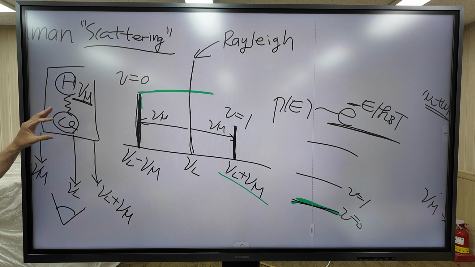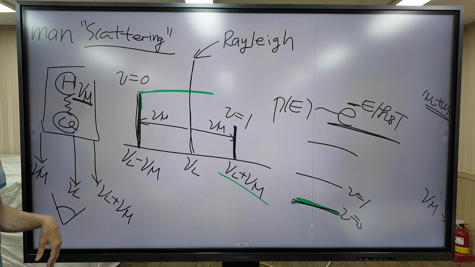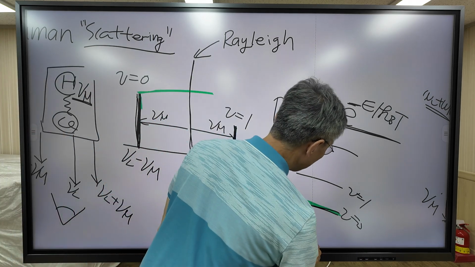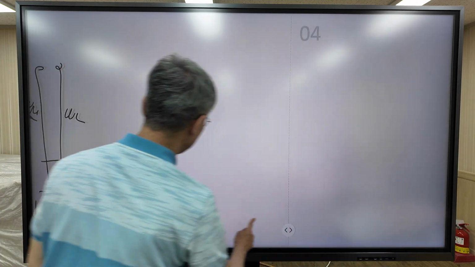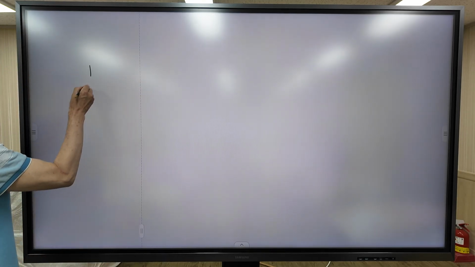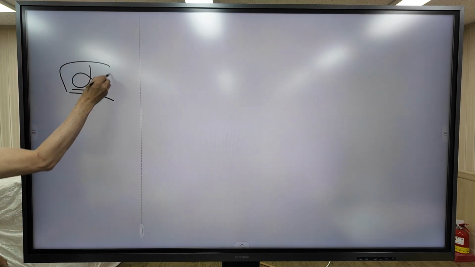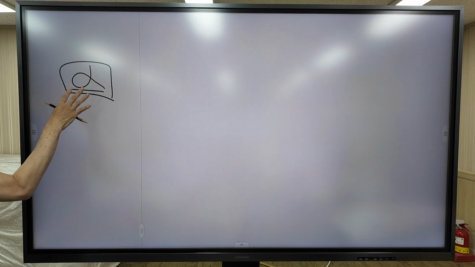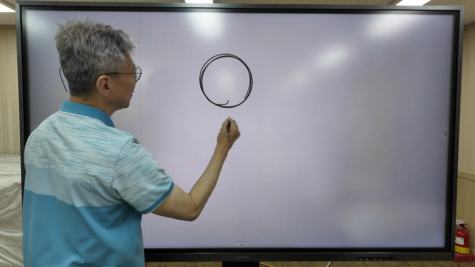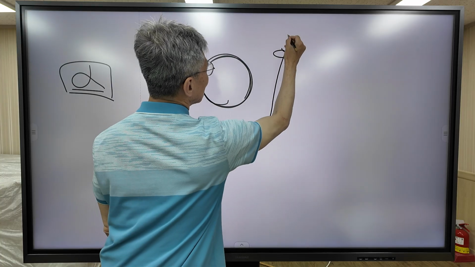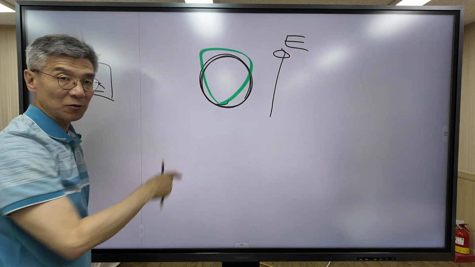Now I'm going to explain Raman scattering in terms of classical mechanics. In classical mechanics, polarizability is a very important quantity. How do we define polarizability? This is the molecule. When we apply an electric field, the electron cloud is distorted.